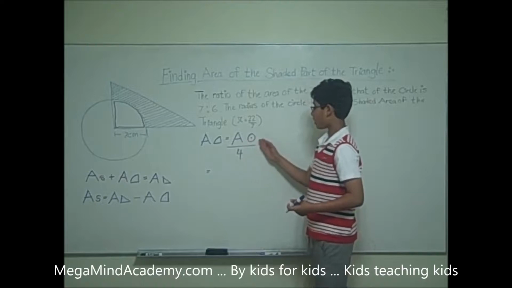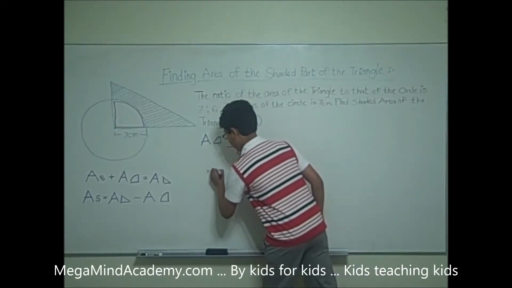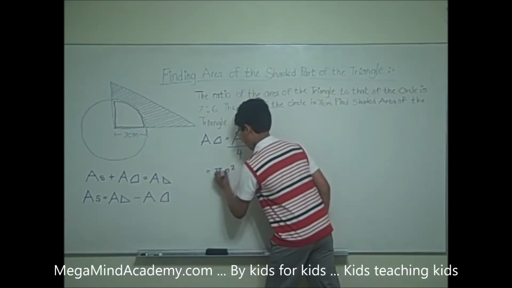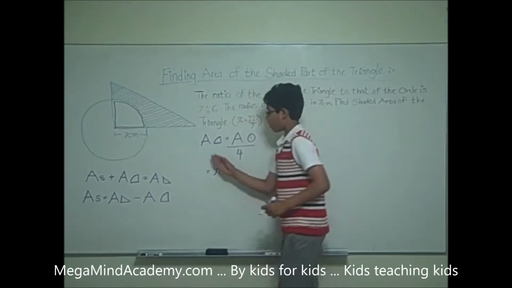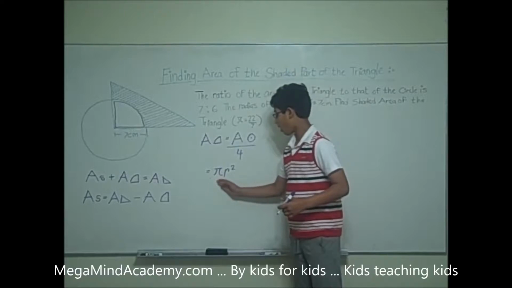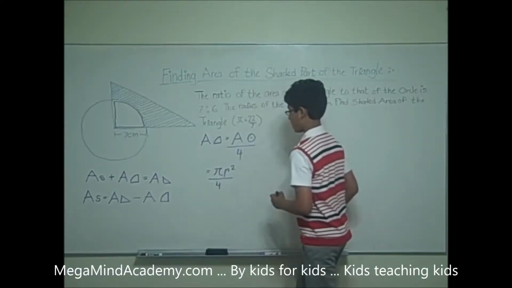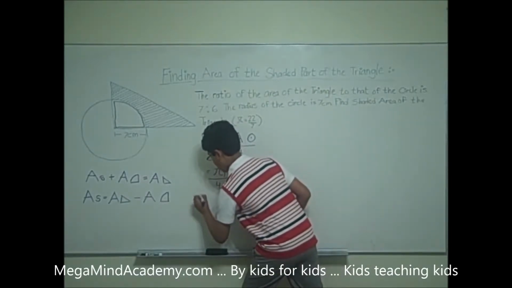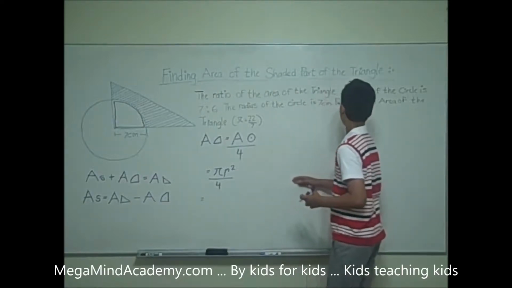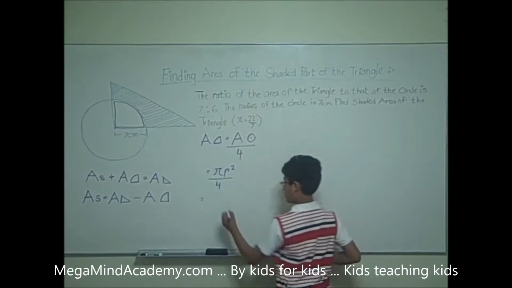The formula for the area of the circle is pi r squared. So the formula for the area of this quadrant is pi r squared over 4. Pi is equal to 22/7.